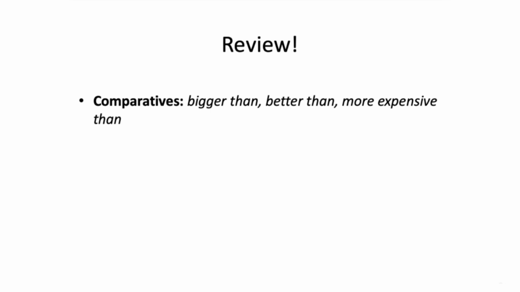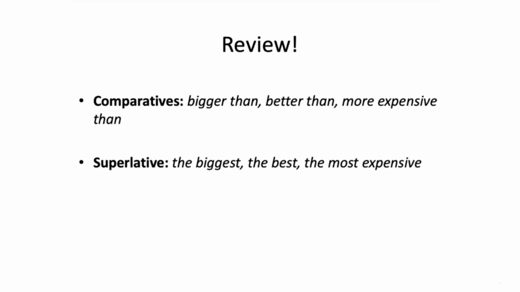For example, bigger than, better than, more expensive than. The superlative compares 3 or more people, animals, or objects to one another. For example, the biggest, the best, the most expensive.